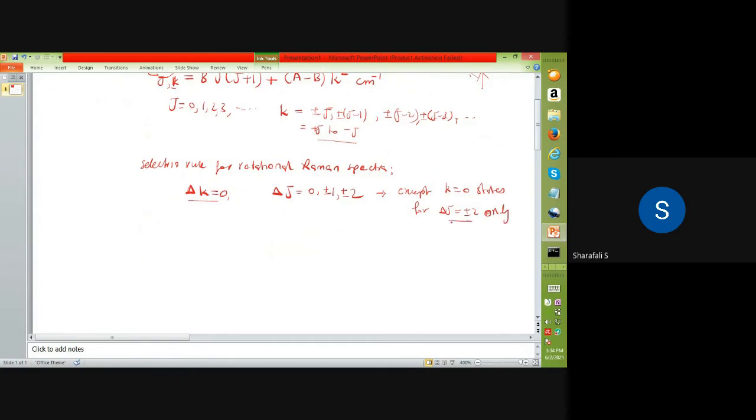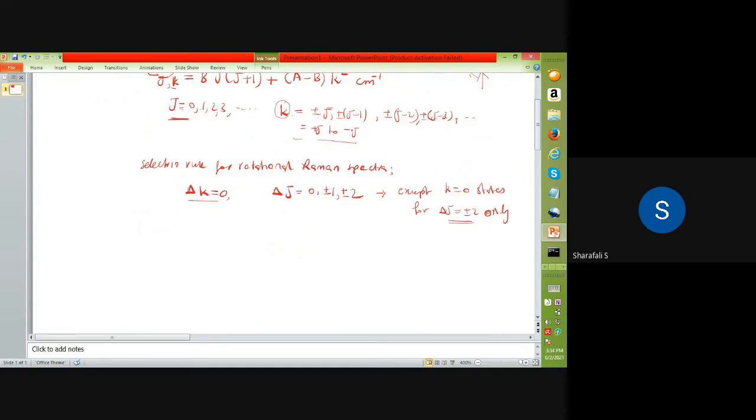If you have delta J equal to plus or minus 2 only, then only you have to consider that K equal to 0. Otherwise, you should not consider K equal to 0. Because when you are considering K equal to 0, what does that mean? K equal to 0 means your J is also 0, because your quantum number varies like this: J equal to 0, 1, 2, 3, etc. And K will be equal to 0 only when J equal to 0.